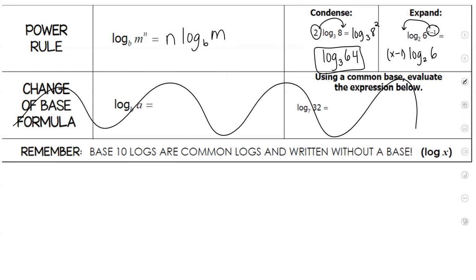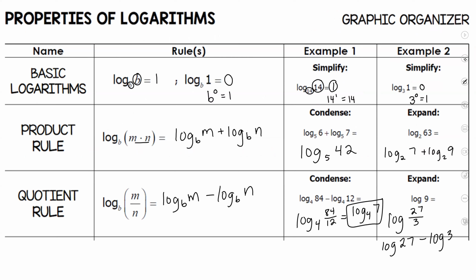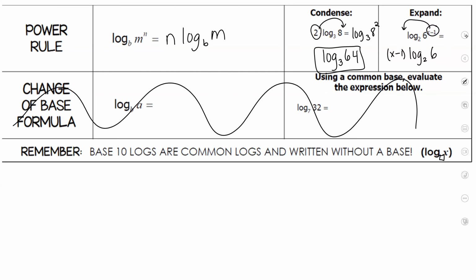And remember, guys, whenever the base is not written, that means your base is 10. So on this previous example here, log of 9, it didn't have a base written there, that means this is the common log. Your base is 10. All right, so that is the end of our review.